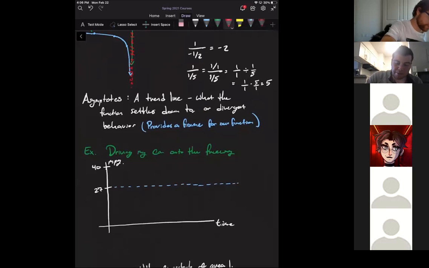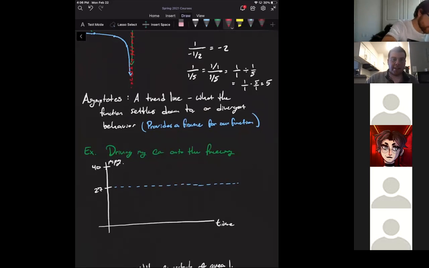For this example, I was thinking about driving my car onto the freeway. Back when I lived in California, I used to drive from my parents' house to my school a lot. Some weekends I'd go home and have to drive back, a 150-mile drive, and my car would average 27 miles to the gallon.